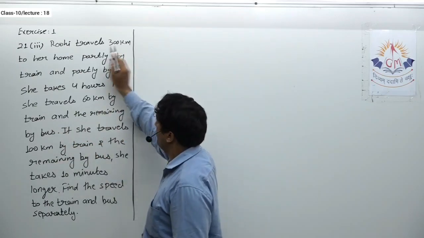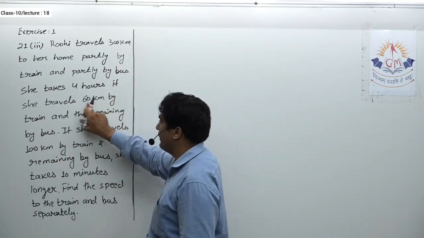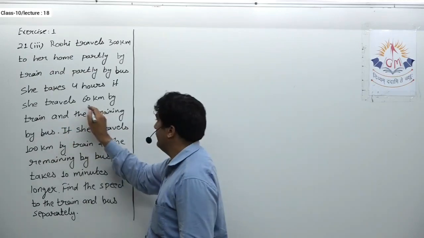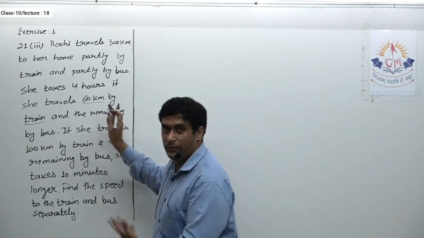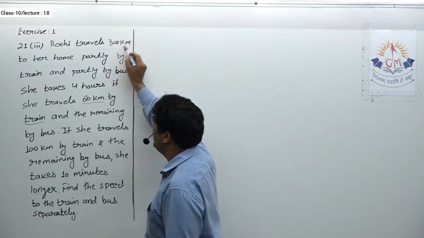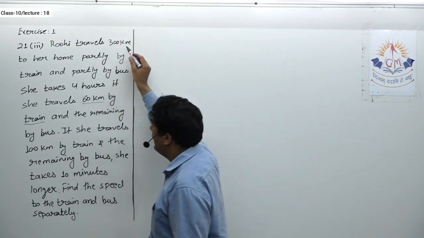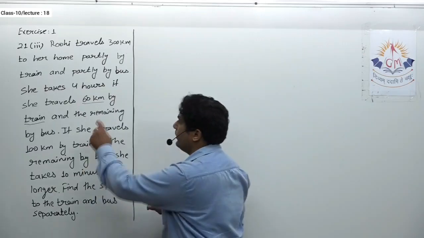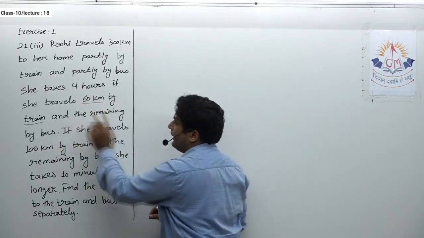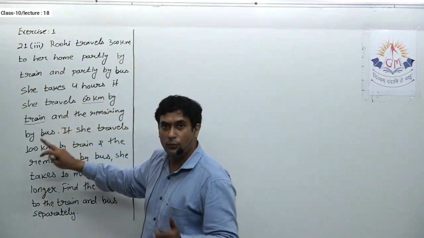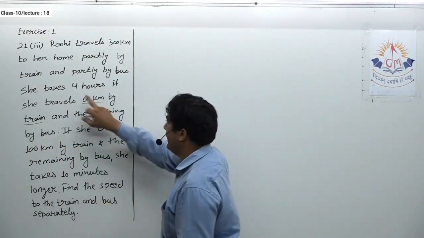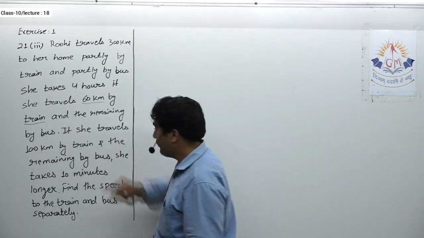That means out of 300 kilometers she travels 60 kilometers by train and the remaining will be 240, isn't it? So 60 by train and 240 kilometers by bus, then it takes 4 hours.